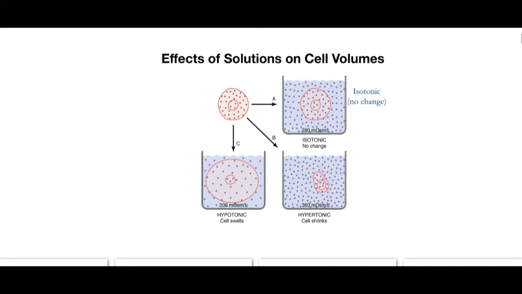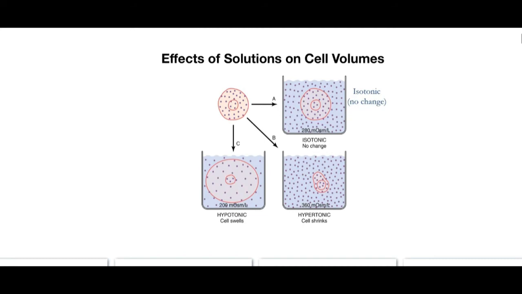That same osmolarity of that solution might not be hypertonic across a different membrane. So tonicity will take into account your impermeable solutes. The solutes that are not able to cross that semi-permeable membrane. Whereas osmolarity is going to take into account every single solute, regardless of its permeability with that membrane.